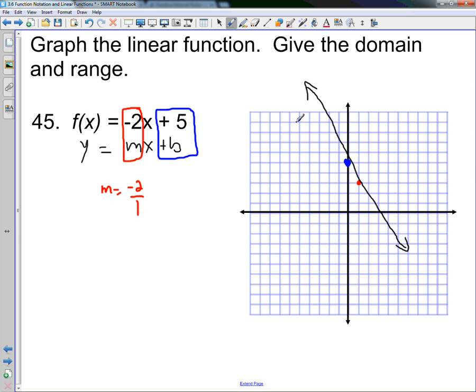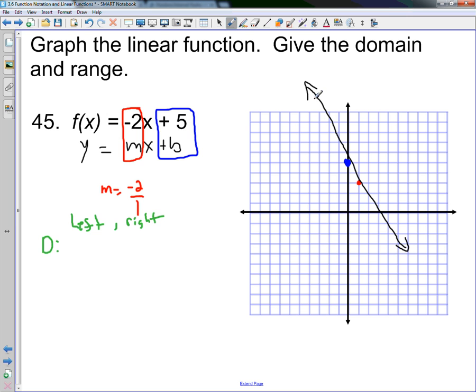Now we want to give the domain and range. So the domain. We talked about yesterday working with equations in the form y equals mx plus b. When we talk about the domain, we're talking about how far left, comma, how far right our x values go.